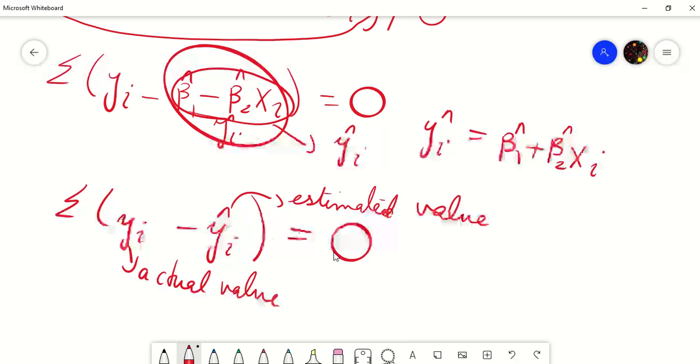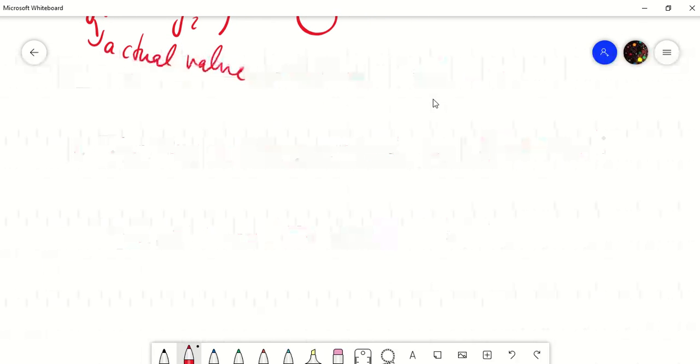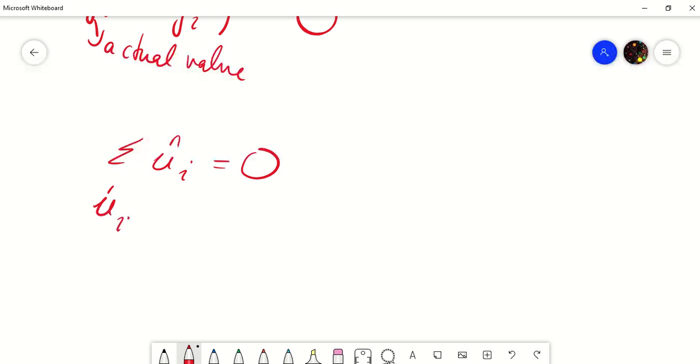Now what we are going to prove is summation mu i hat equals 0, and mu i hat bar equals summation mu i hat divided by n, which is also 0.